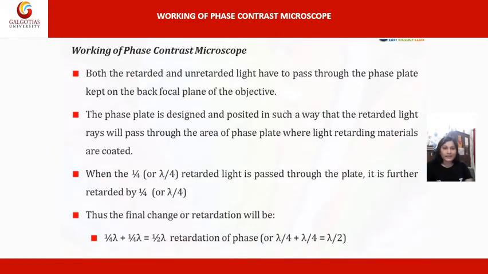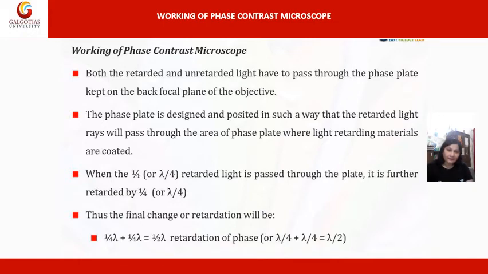Both the retarded and unretarded light have to pass through the phase plate placed at the back focal plane of the objective. The phase plate is designed and positioned in such a way that the retarded light rays pass through the area of the phase plate where light retarding material is already coated.